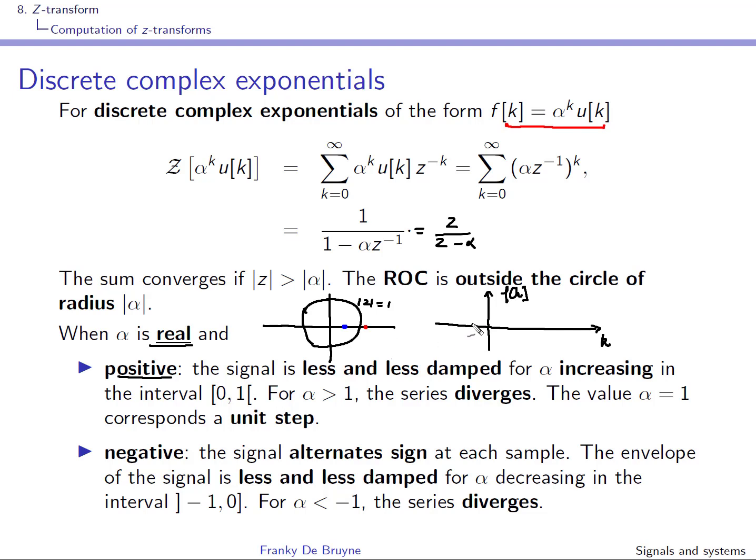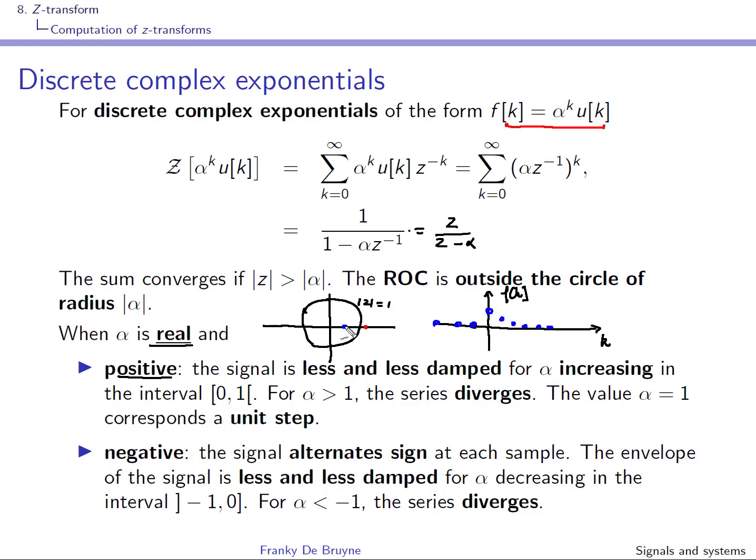Of course the sequence is causal, so we'll have zeros over here. At k equals 0 it's 1, and then at k equals 1 it will be 0.5. At k equals 2 it will be 0.5 to the power 2, 0.25, and so on. If you continue, you have something that is exponentially decreasing.